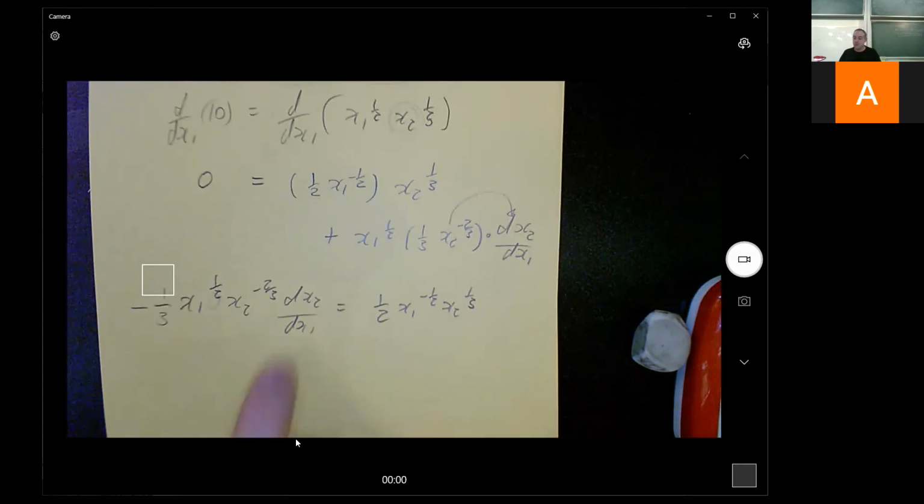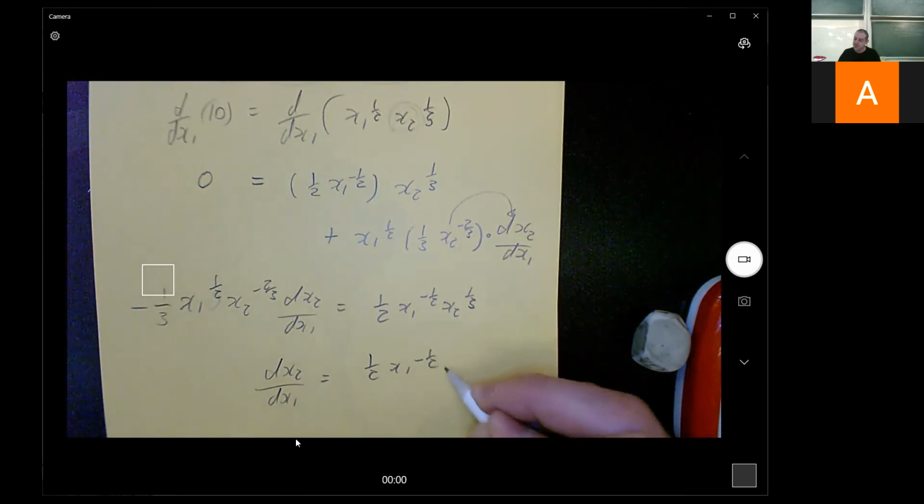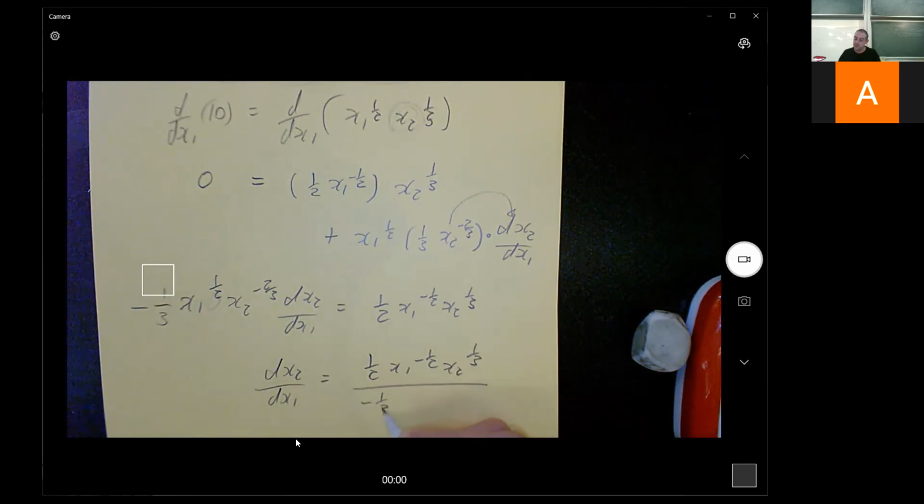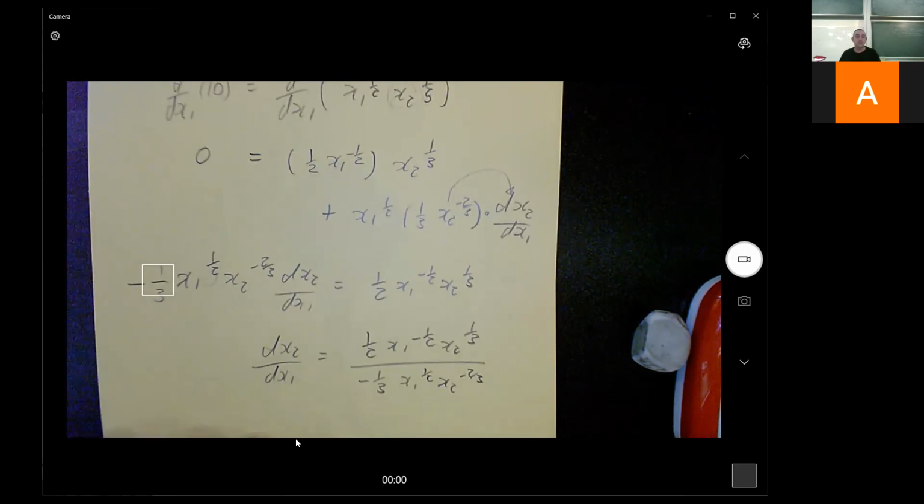And then I'm going to divide by this. And this is the exact same expression we got last time when we did it via partial derivatives.